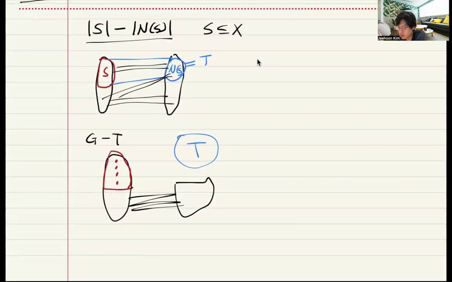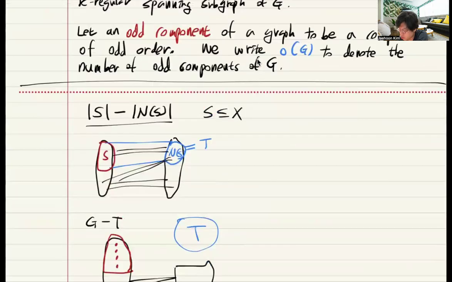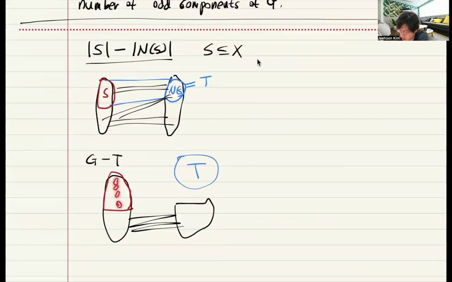So T is deleted, so all the edges attached to T are gone. So these are isolated vertices. But if you think about it from a parity point of view, these isolated vertices are odd components.